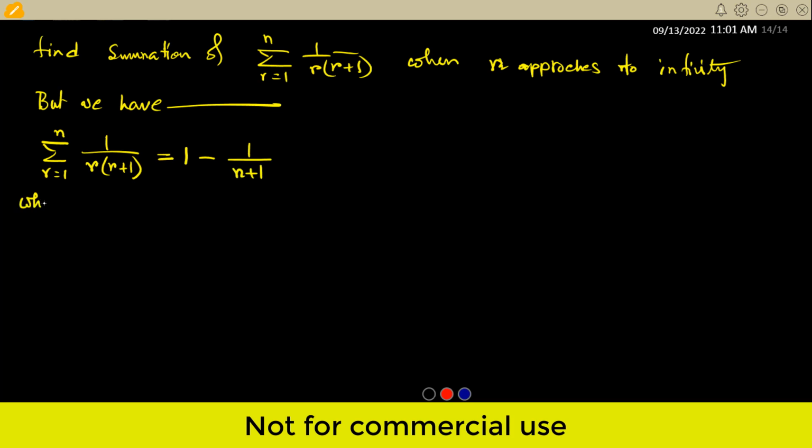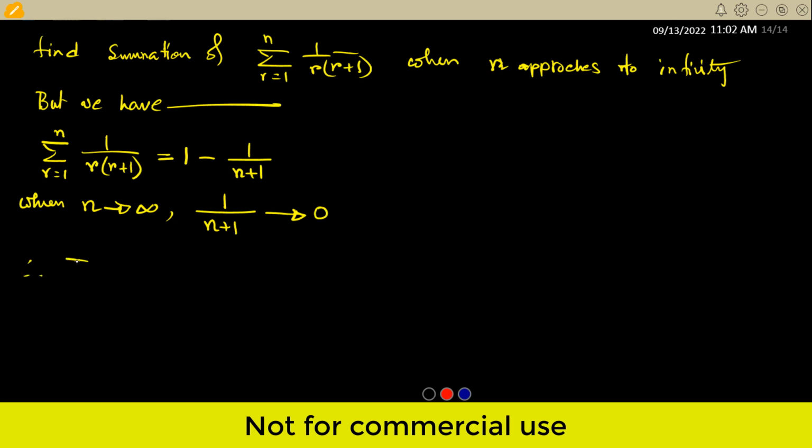So when n approaches infinity, we can say that 1 by (n plus 1) approaches 0, because any number divided by infinity approaches 0.